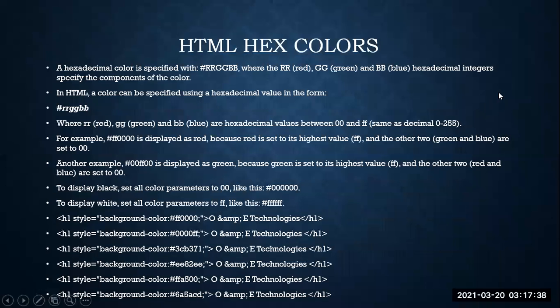The hexadecimal color is specified with RGB, as #RRGGBB. Instead of RGB, which you have to enclose in brackets, this one takes the hash value of red, green, and blue. So here you are also trying to mix the colors of red, green, and blue, where RR represents the red, GG represents green, and BB represents blue in hexadecimal integers.